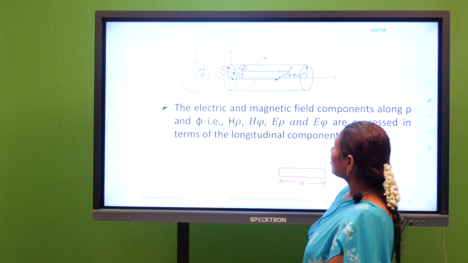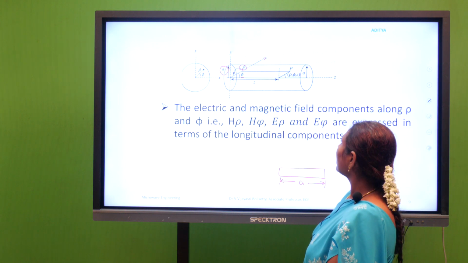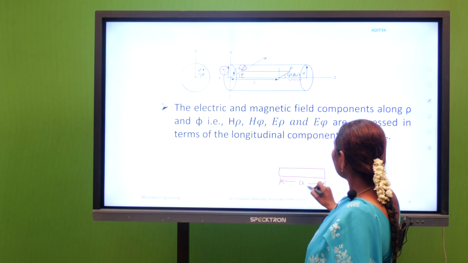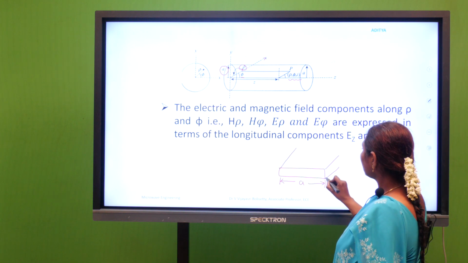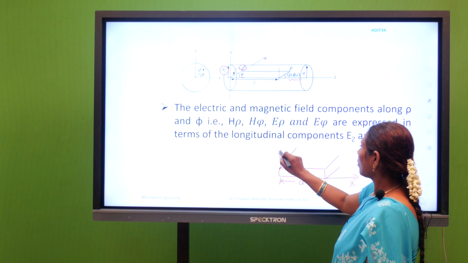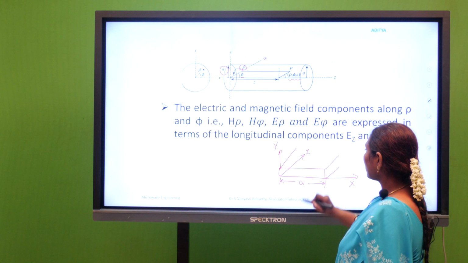So the coordinates of the cylindrical waveguide or circular waveguide are generally represented as rho, phi, z, whereas in the rectangular waveguide we consider this as the x axis direction, this as the y axis direction, and this as the propagation direction, the z axis.